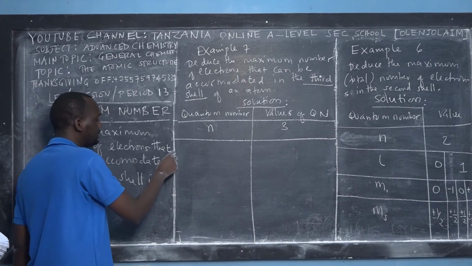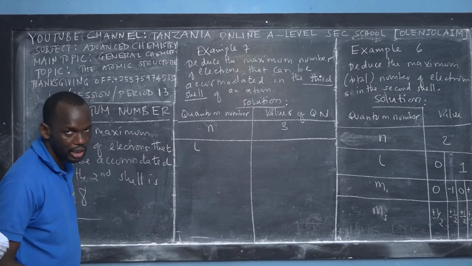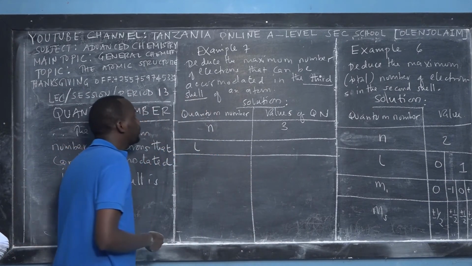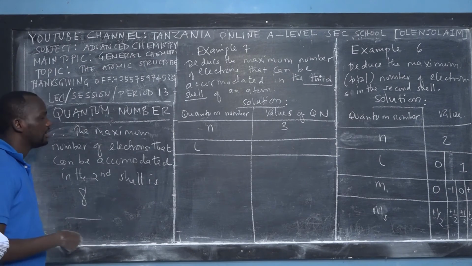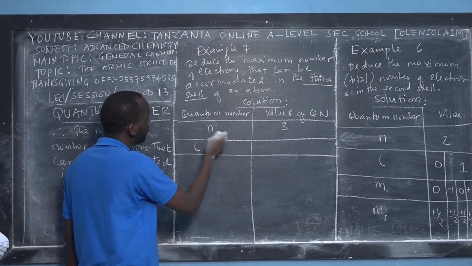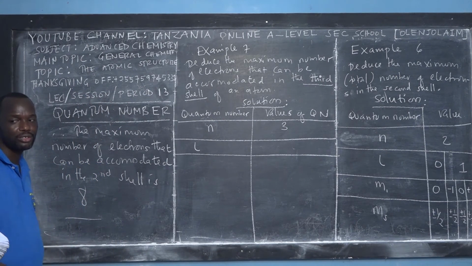Then the next quantum number is called the subsidiary quantum number, which is l. For this case, from the formula I told you in lecture 12, we may get it from the general formula, which is from 0 to n minus 1.